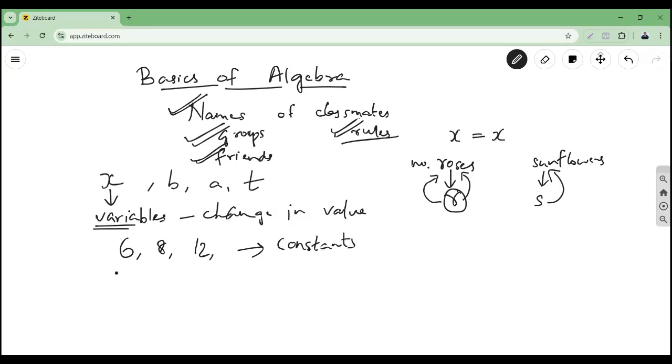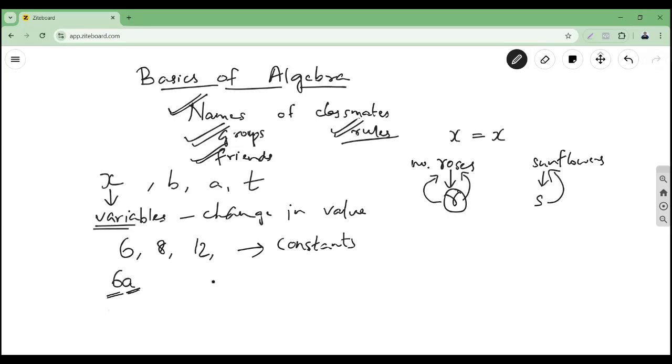Now, if I am saying 6a, 6 and a together, is it a constant or is it a variable? Let's analyze and understand this. A is a variable, 6 is a constant. Now 6a, I'm not adding them, it's 6a. What is the meaning of 6a?